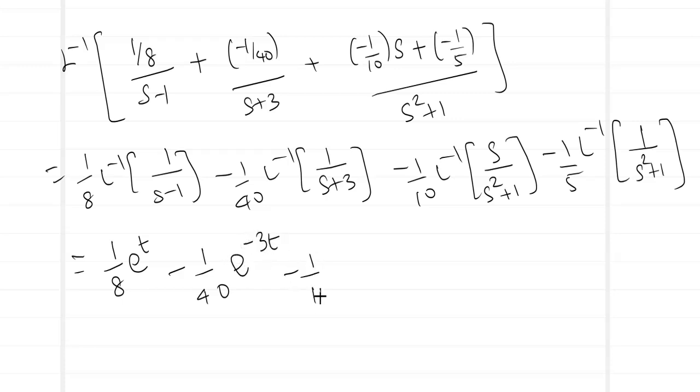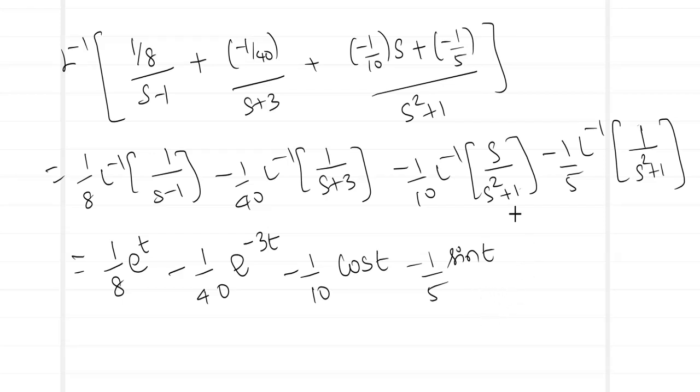Then minus 1 by 10 times Laplace inverse of s by s square plus 1. S means it has to be cos, and the constant is 1, so minus 1 by 10 cos t. Then minus 1 by 5: since it is a constant in the numerator, this is going to be sine, and the numerator is also balanced, so I can directly write sine t.